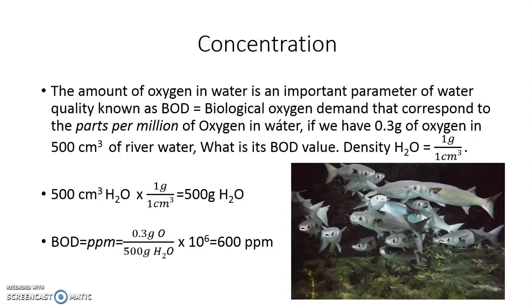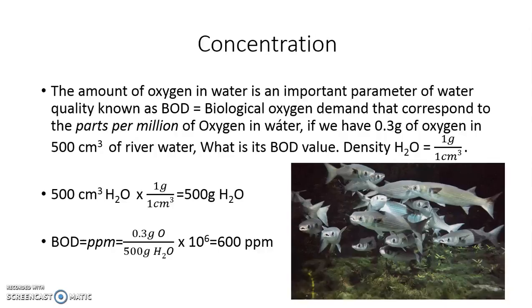Another example, using parts per million, will be the calculation of the biological oxygen demand. In water, the amount of oxygen is very important because this will allow many living beings to live there.